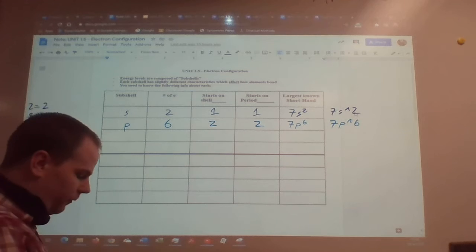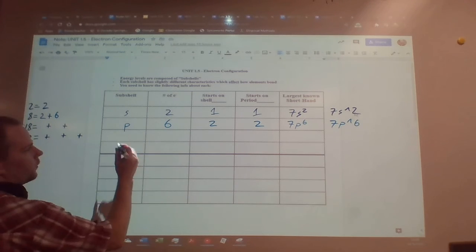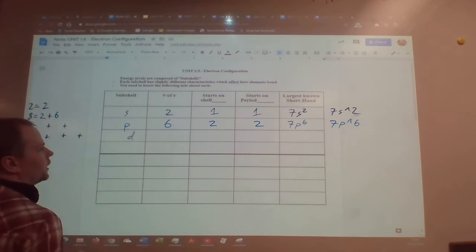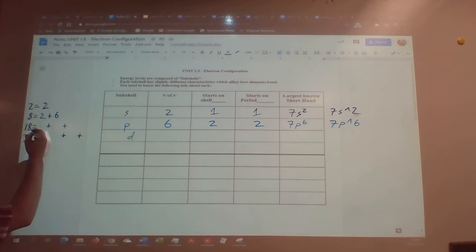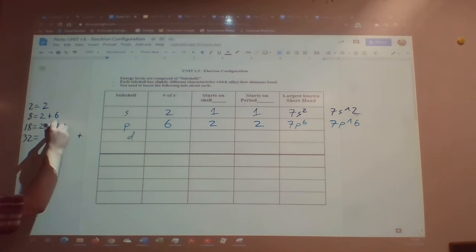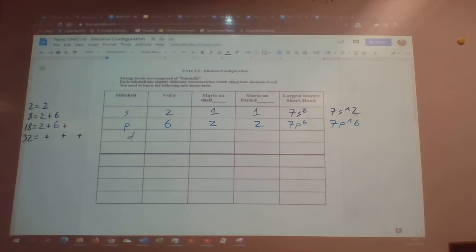Okay, now energy level 3 introduces the D subshell. Now, once again, I'm going to tell you that the third energy level has an actual cap of 18 electrons. 2 of those are S. 6 of those are P. And so all the rest have to be the D subshell.